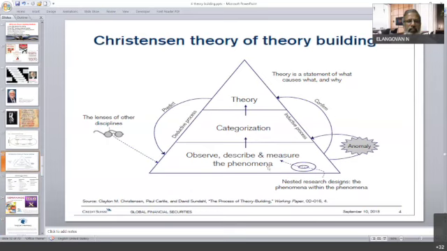This is another framework of theory building, where you observe, describe, and measure the phenomenon. Then you categorize them, and that becomes the theory. So theory is a statement of what causes what and why. Whenever there is an anomaly, you go for an iterative process to modify the theory.